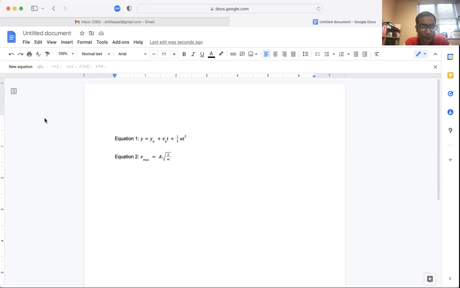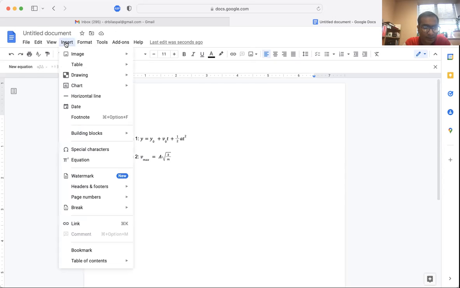Please use Google Docs or Microsoft Word. It's basically very similar, but because Google Docs is free, I show you this in Google Docs. The next thing is how to generate a table. To generate a table, again you click on insert, and then you see there is a table.